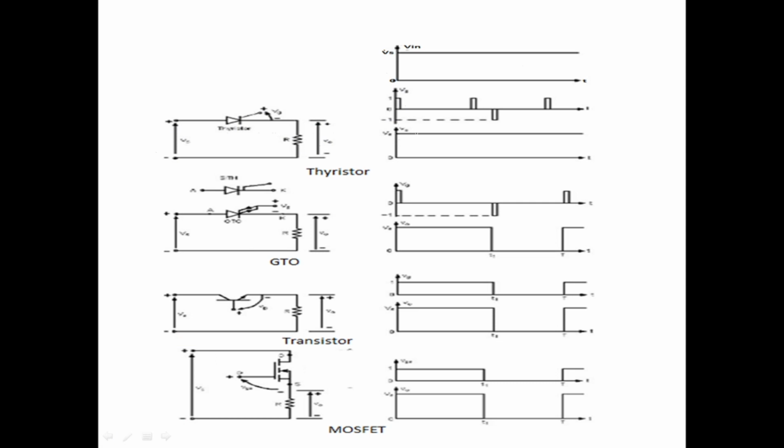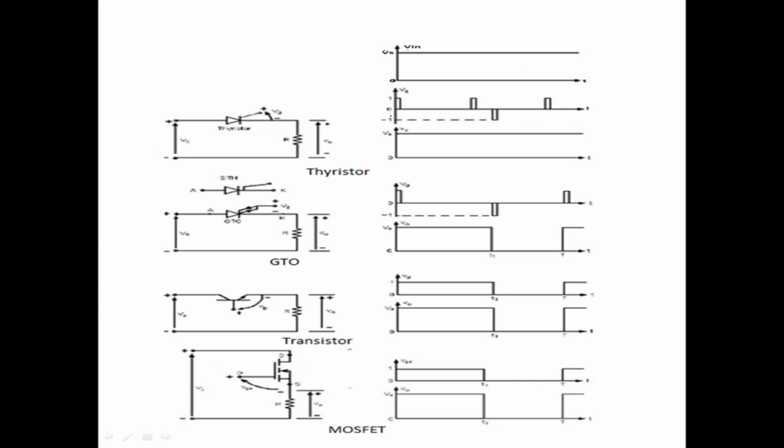The load voltage is constant, and its magnitude is ideally Vs. Strictly speaking, the drop of the SCR needs to be deducted from Vs, and the remaining value comes to the load.